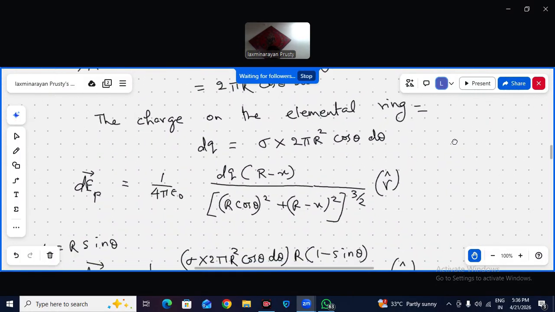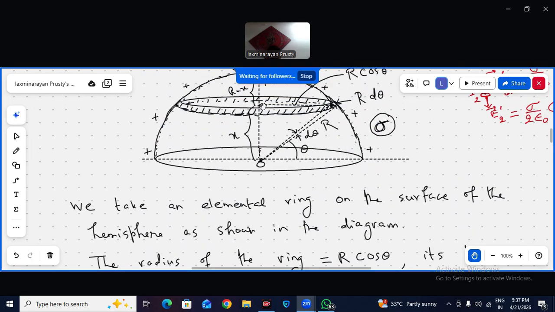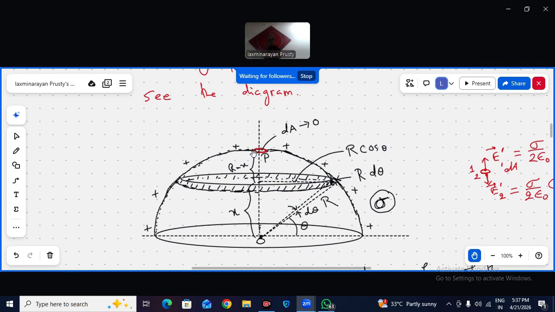So dE_P कितना होगा, same just like a field of a ring on the axis, charge, the charge of the ring. This R minus x, if this distance is x, this is R minus x. R minus x is distance along the axis, that is the center to P distance.